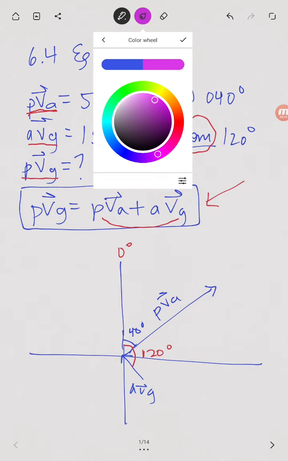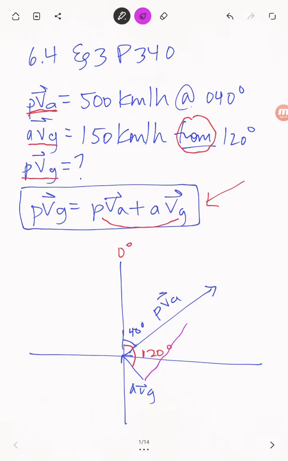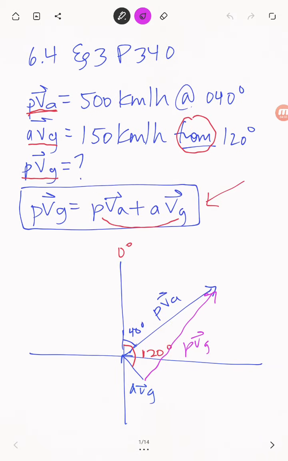So it does not matter that AVG comes first and PVA comes second in the tip to tail positioning. My resultant is still from the tail of one to the tip of the next, assuming they are tip to tail, which they are. So this is my PVG, the resultant that I'm trying to find. So let me go back here. We need to figure out how we're going to find the magnitude and direction of that resultant vector.